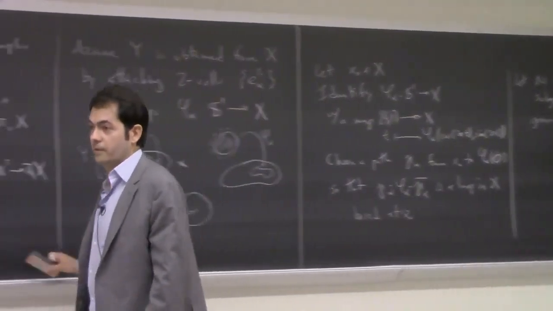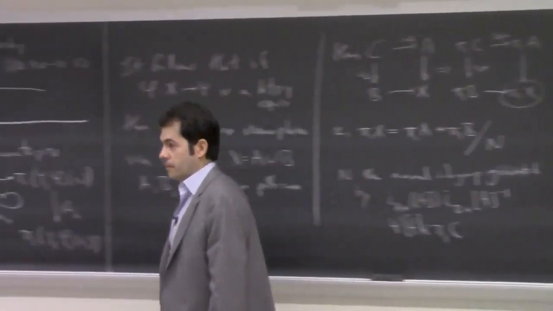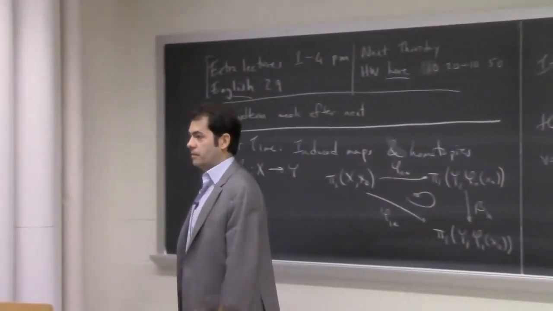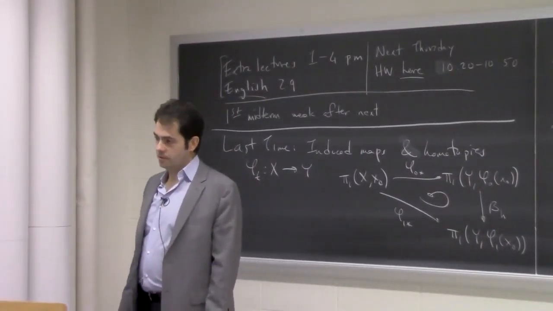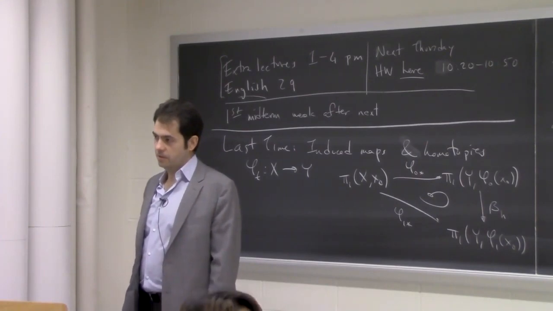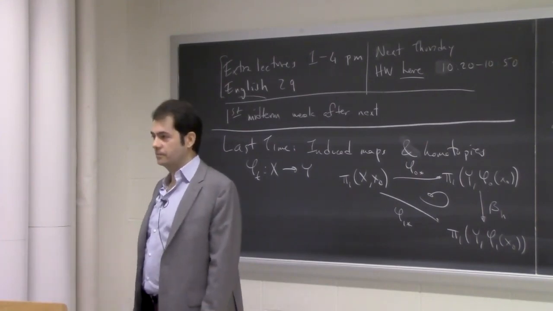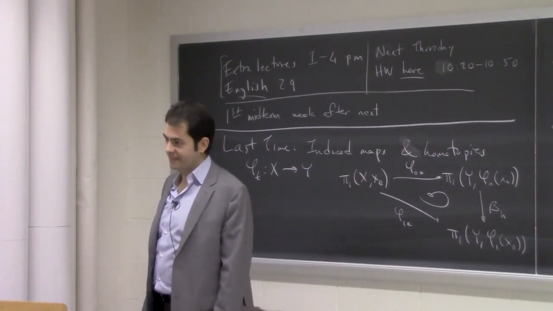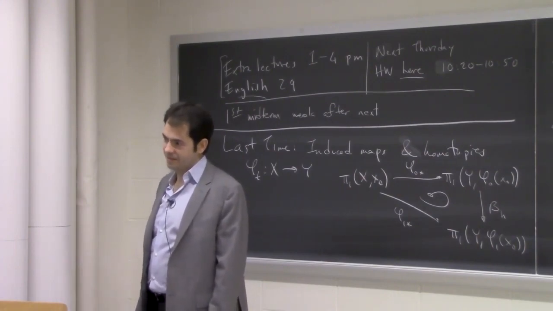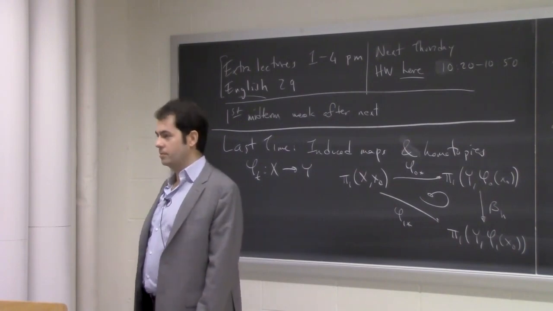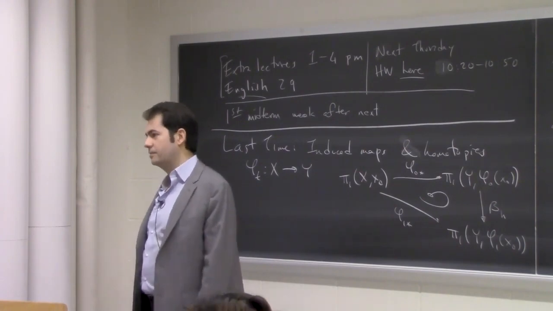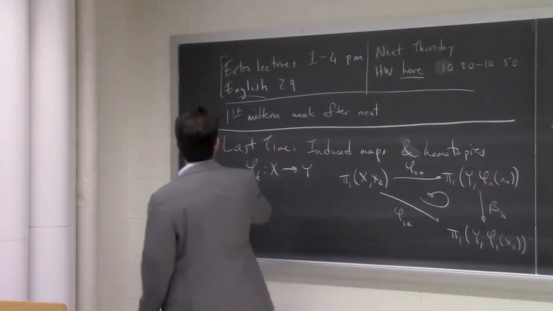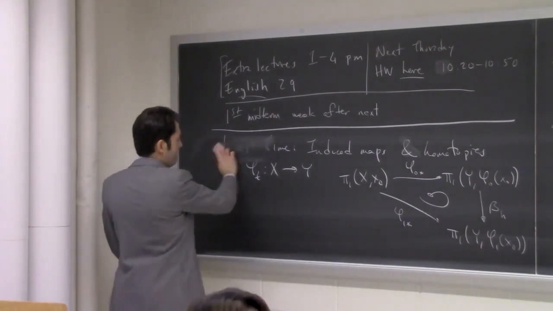Yes? So when you say the normal subgroup generated by the loops, is that just the smallest normal subgroup that contains them? Correct. Is that necessarily the subgroup generated by them? No. Okay, that's what I thought.